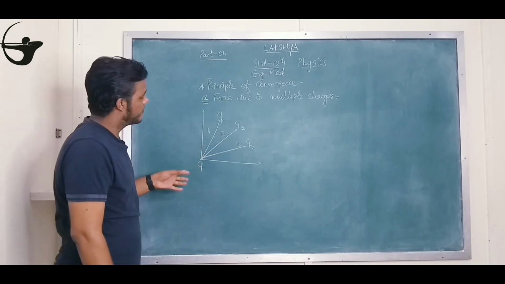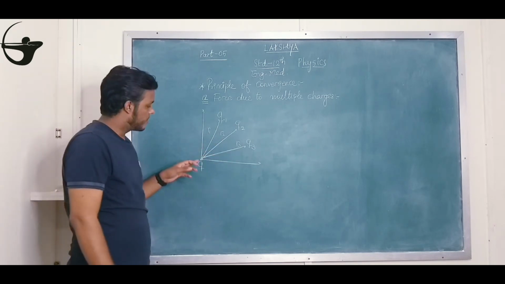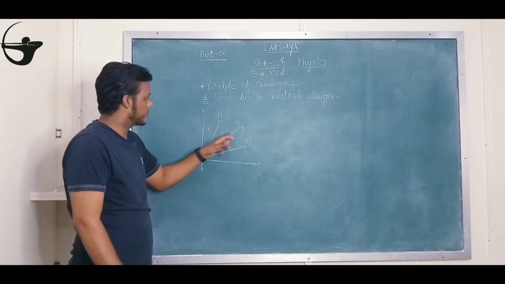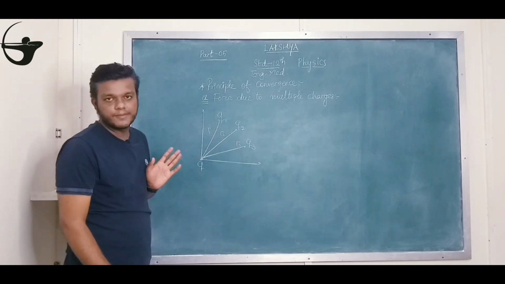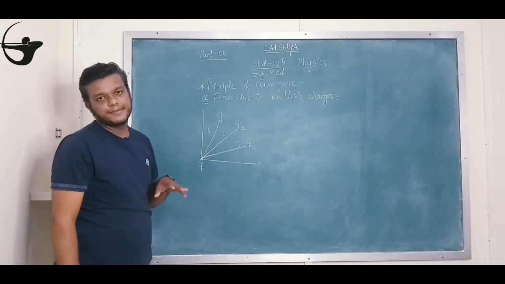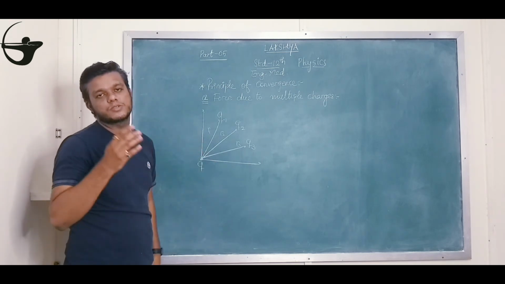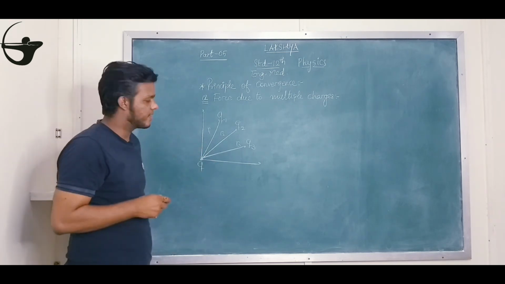So what will I do? I will simply calculate the force between Q and Q1, Q and Q2, Q and Q3. Then we'll find total F equals F1 plus F2 plus F3.